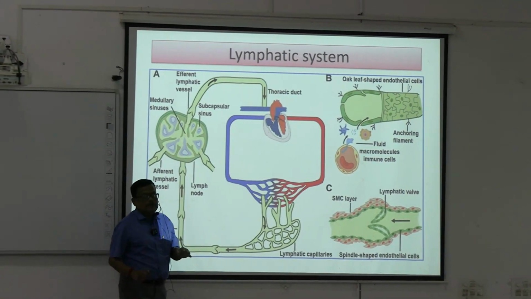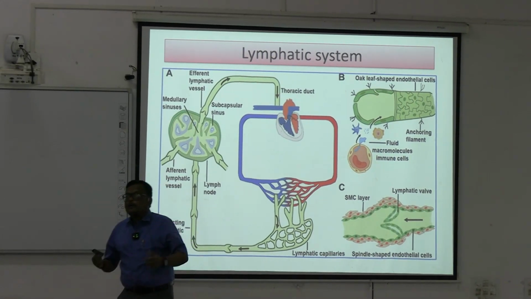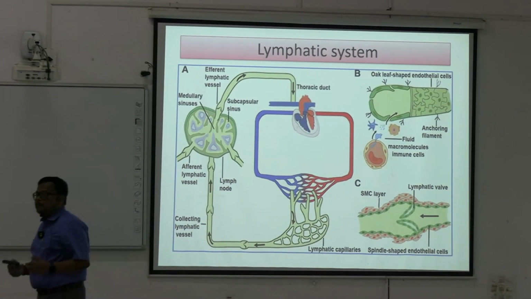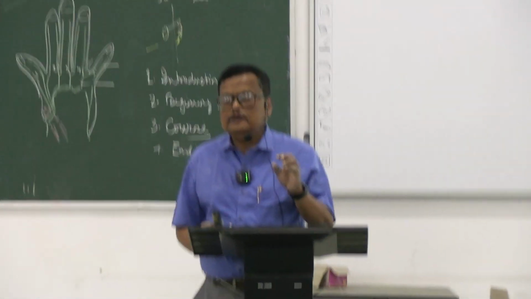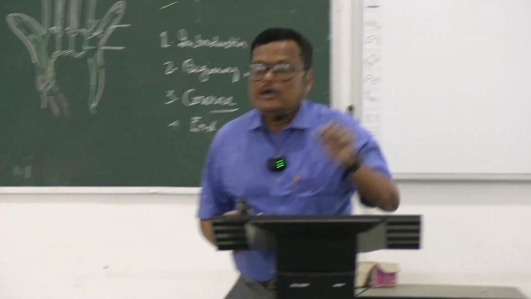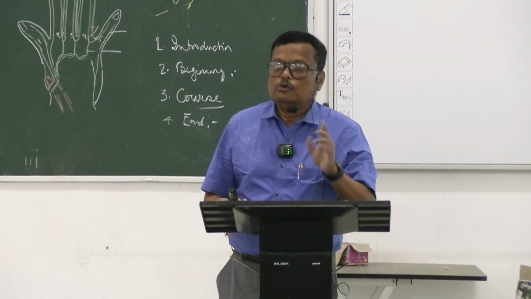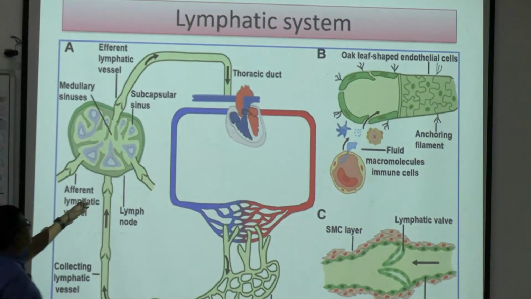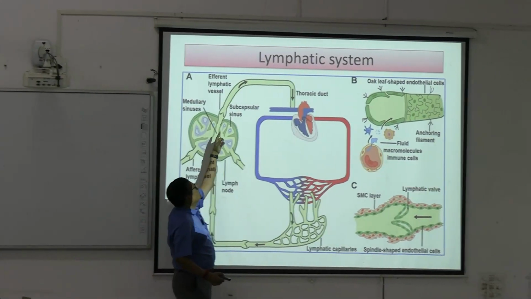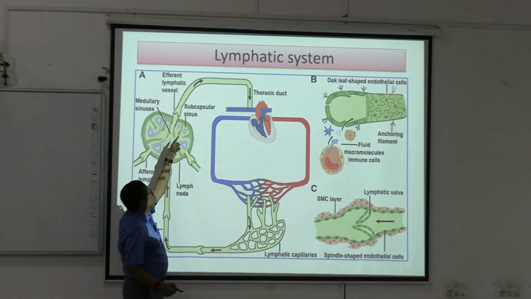If there are any foreign particles, some bad particles, the lymph node contains T cells, lymphocytes, which attack them and try to kill them. It is not always possible. After straining, after filtering, this lymph passes back to the lymphatic vessel and goes to the heart.